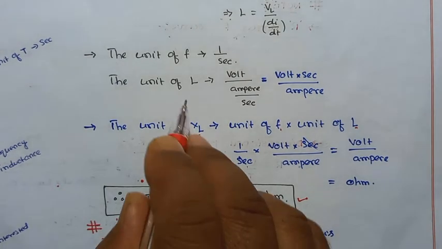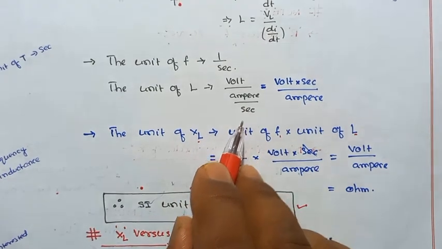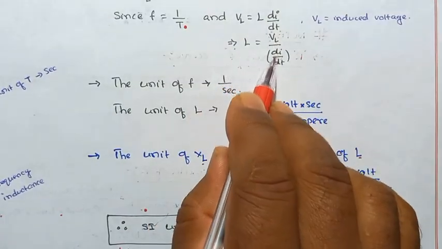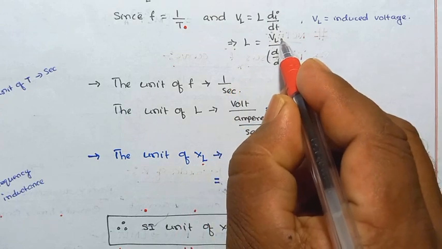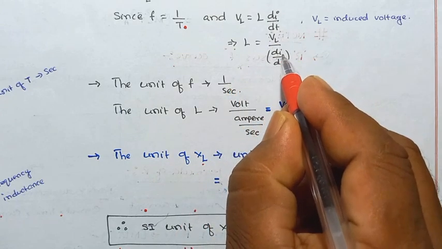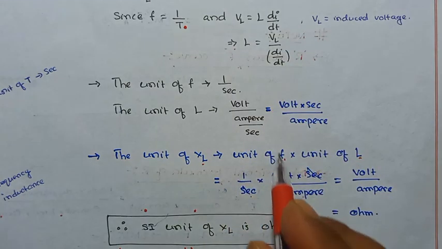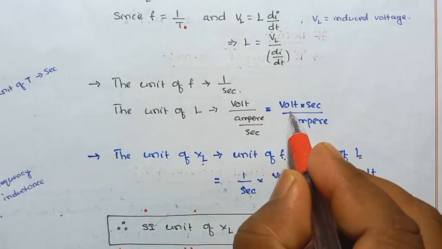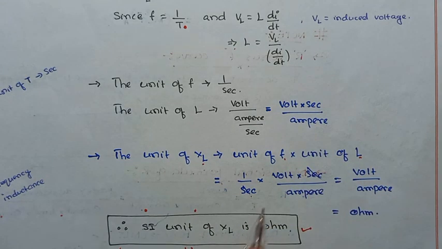The unit of L is volt by (ampere per second). See here, L is equal to VL by (di by dt). The unit of voltage is volt, the unit of current is ampere, and the unit of time is second. So after simplification we get volt second by ampere. So the unit of XL is the unit of F into the unit of L.